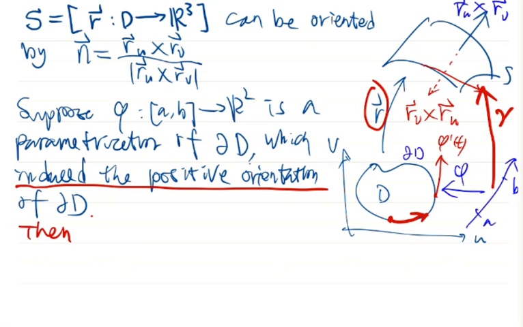Then gamma is the composition of R and phi, which is a map from the interval to R3.